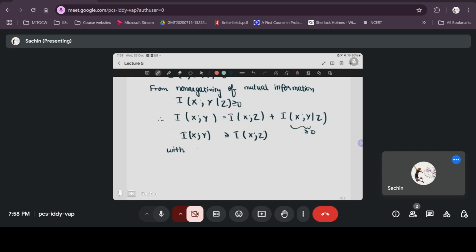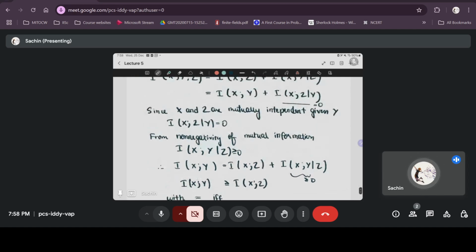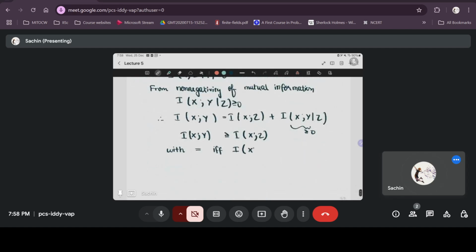With equality if and only if I of X;Y given Z equals 0, which implies X and Y are mutually independent given Z. That is, observing Z gives you all the information that you can get about X. Observing Y does not further give you more information once Z is already known.